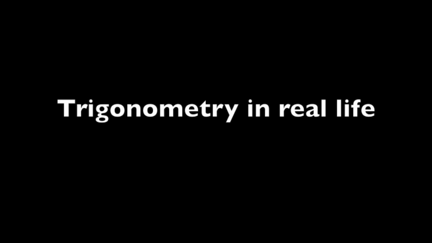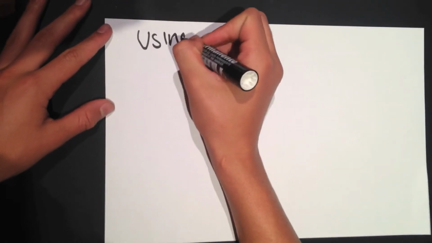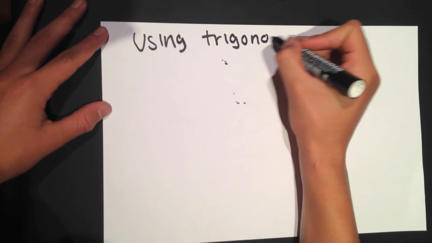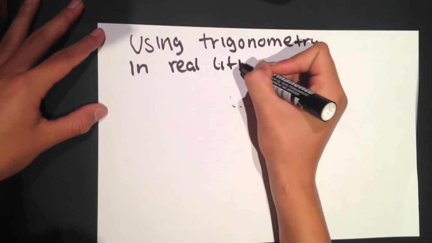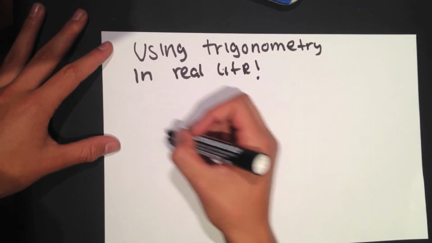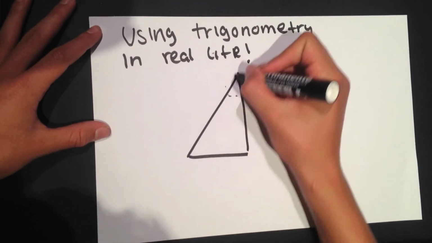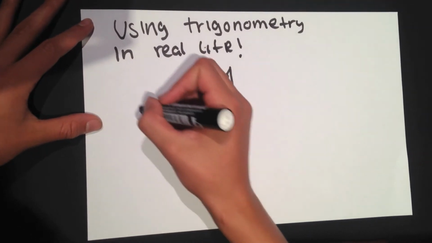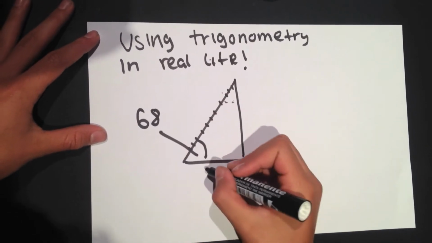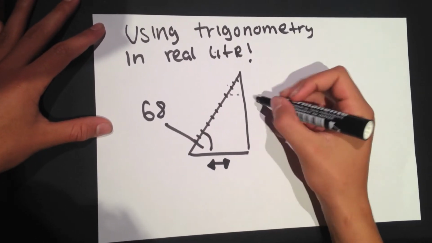An example of how you can use trigonometry in real life. Why would you use trigonometry in real life? Imagine you had a ladder leaning against the wall. Imagine the angle of elevation from that ladder was 68 degrees.